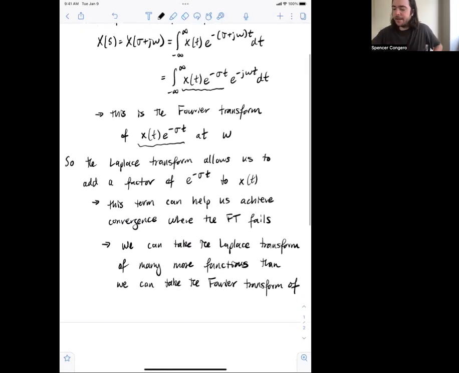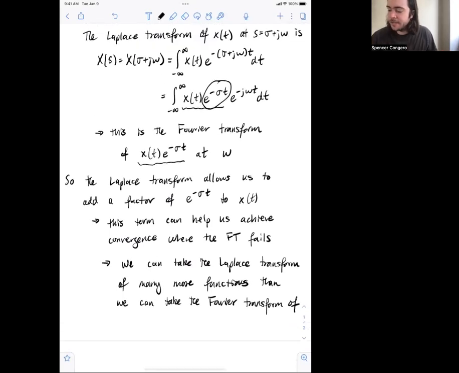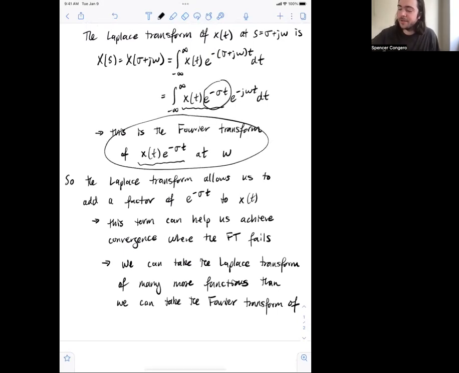Okay, so by allowing us to add this extra term in here, that's what the Laplace transform does for us. Now we can get this integral to converge for many more functions x of t than we could without this factor, which again was just the Fourier transform. When sigma is 0, I literally get the Fourier transform right there.